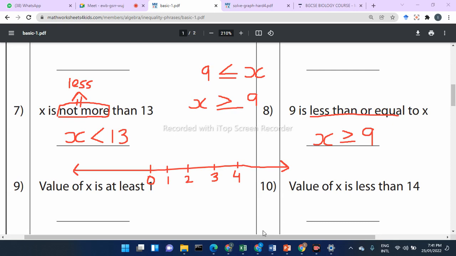So really basically saying you can't pass one on the number line. But you have to include 1 because you could have $1. But you could also have $1,000. If someone says, how much money do you have in your pocket? Well, I have at least $1.